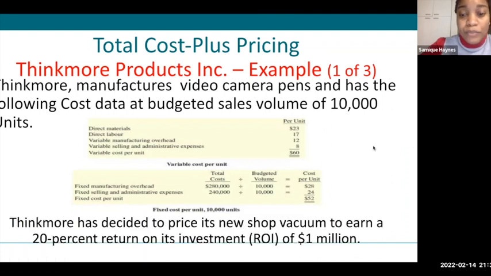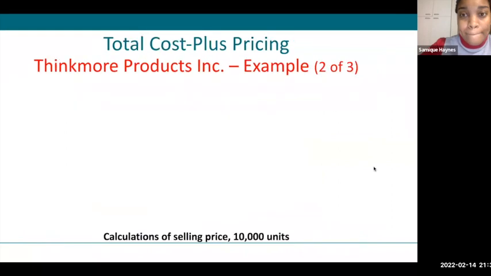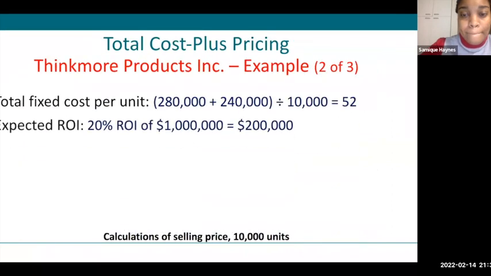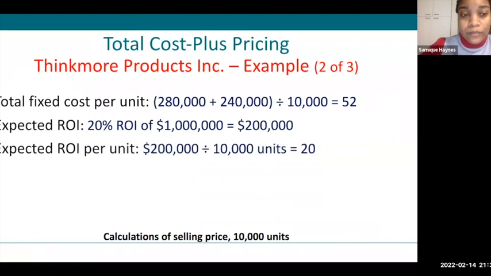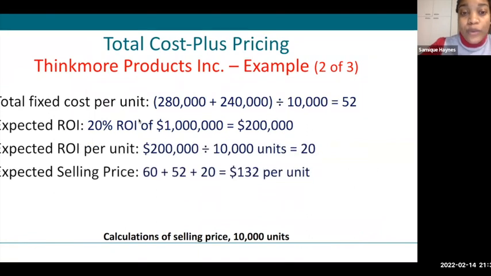Thingmore has decided to price its new shop vacuum to earn a 20% return on its investment. So they want a 20% return on this $1 million, so they want a $200,000 return, okay?